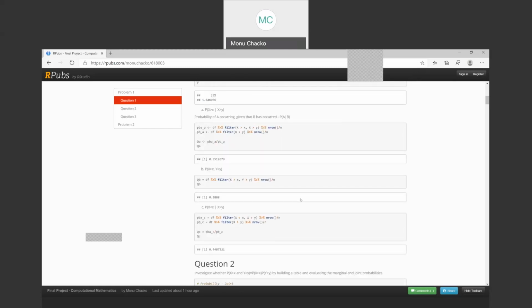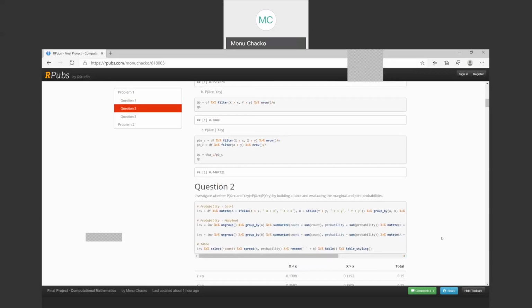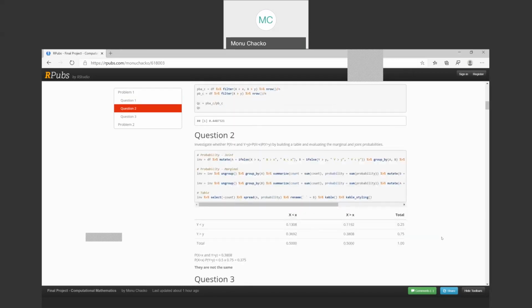And the second question is probability of A being greater than B. Again, we run a similar function with different inputs here, and then you get 0.3808. And similarly, probability of A given that B has occurred would be 0.4487.